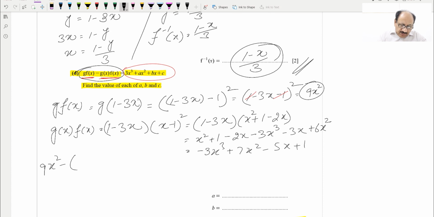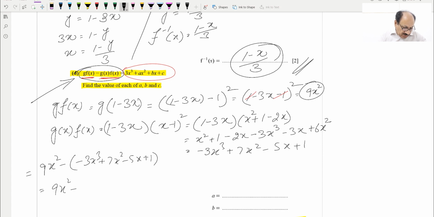Now we can replace this here, minus 3x cube and plus 7x square minus 5x plus 1.